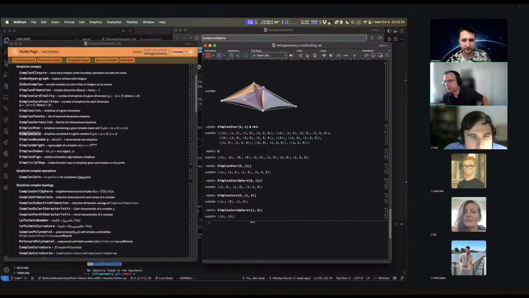So the simplex star sphere is like a closed sphere where you remove the interior point. Then the core sphere is like an open ball: you're removing the top level and keeping everything inside.